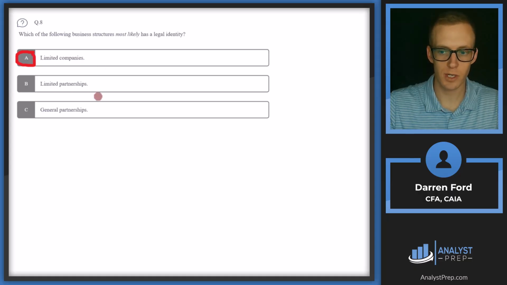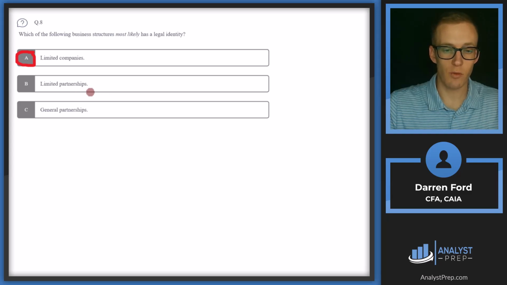So limited partnerships. Partnerships consist of LPs and GPs, so limited partners and general partners. There's a distinction over who has liability. Limited partners don't have liability, but there's not some separate entity related to it. The GPs do take on personal liability though, so there's really not a legal entity related to them.